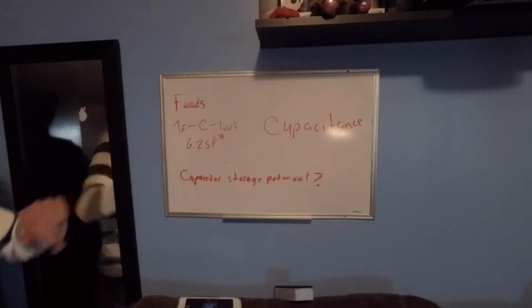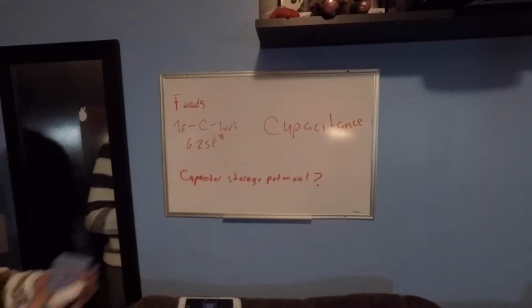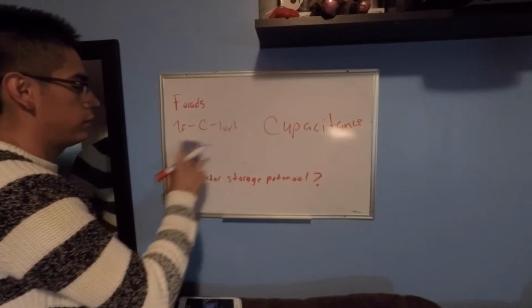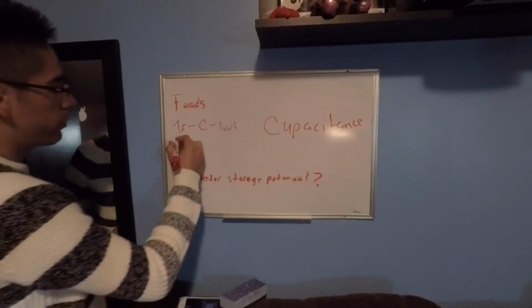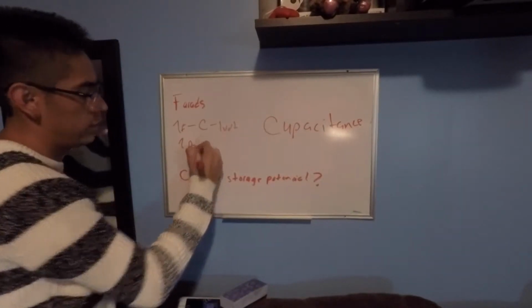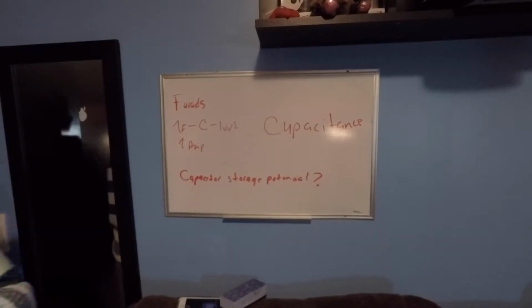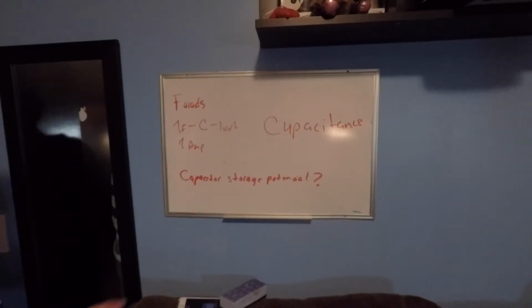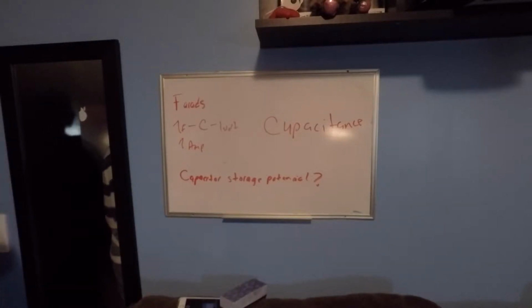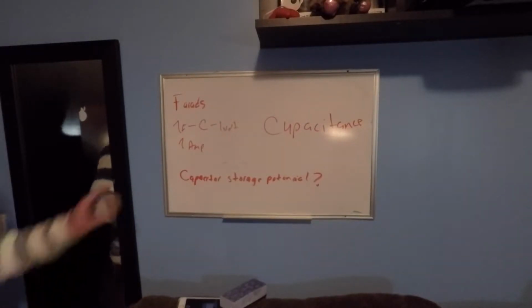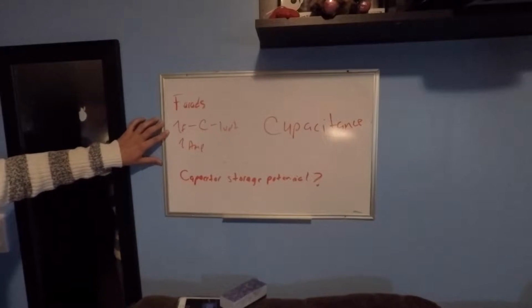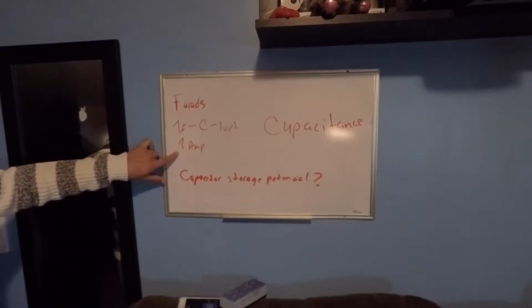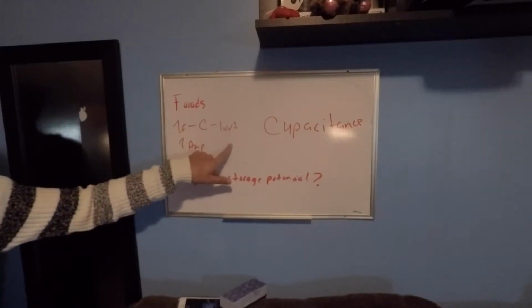With this, we have to say that 1 ampere represents a rate of 1 coulomb of electrons per second. So a 1 farad capacitor can hold 1 amp of electrons at 1 volt.